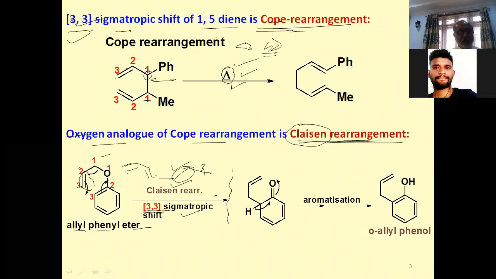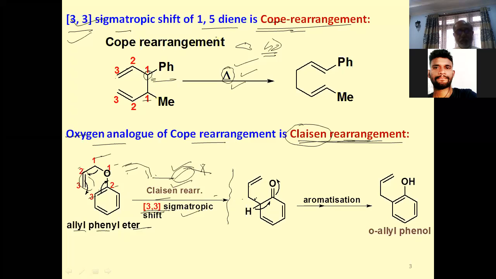So this becomes 1, 1. After you get 1, 1, you count the numbers: 1, 2, 3. Here also you count 1, 2, 3. So the new bond that is going to be formed is a 3, 3 bond.